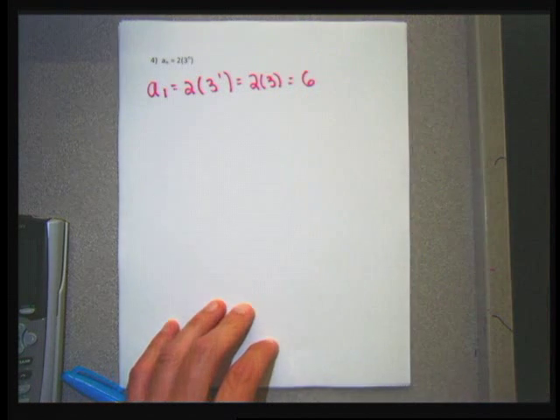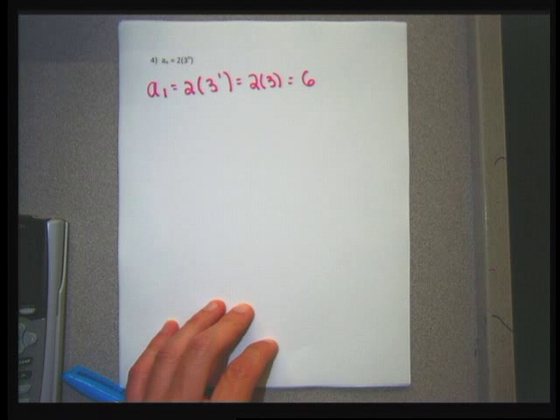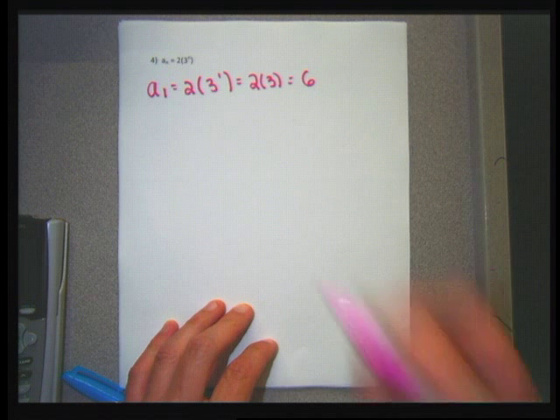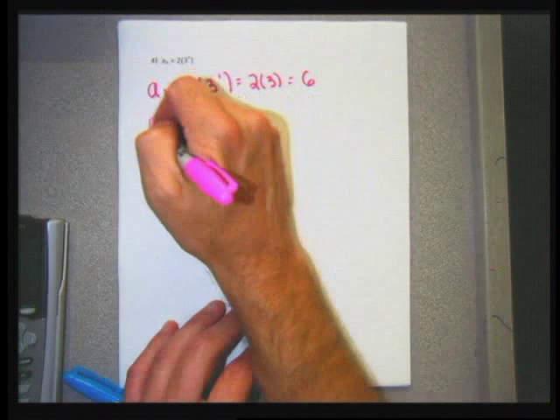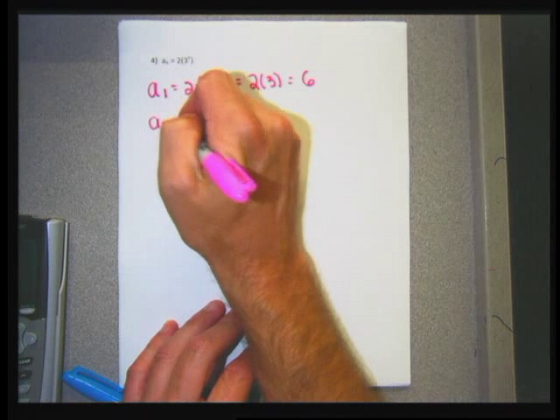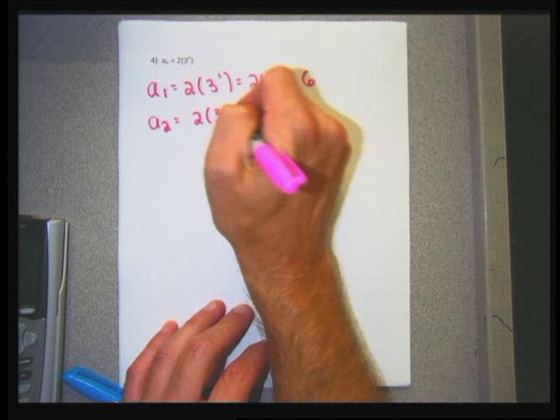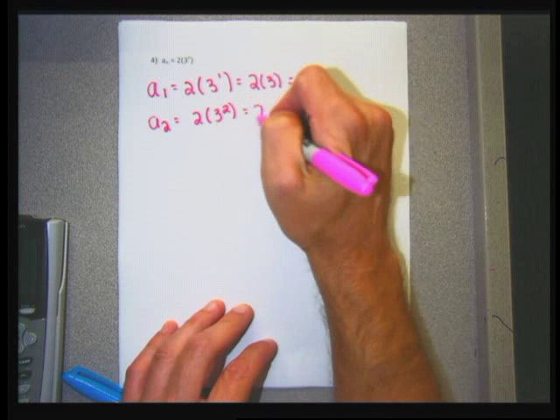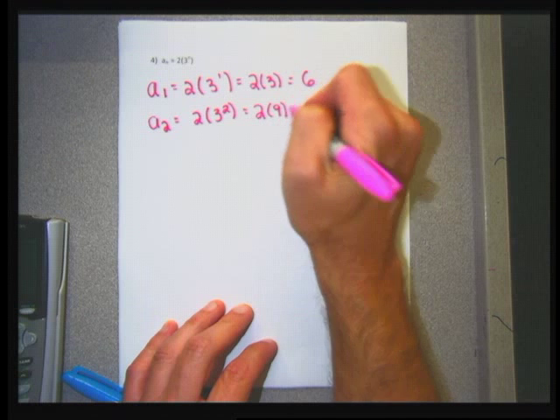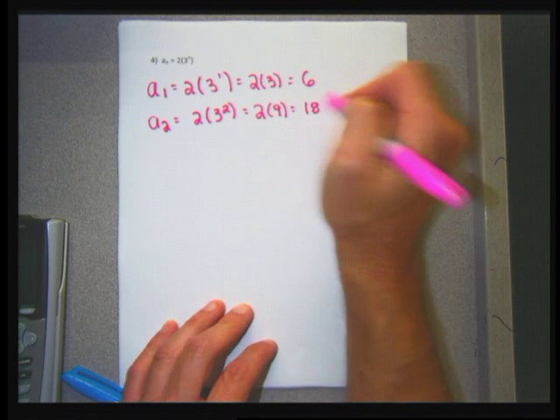I predict the next term is going to be 18, because the common ratio is 3, and 6 times 3 is 18. To confirm that, a sub 2 is going to be 2 times 3 to the second power, which is going to be 2 times 9, which is going to be 18.